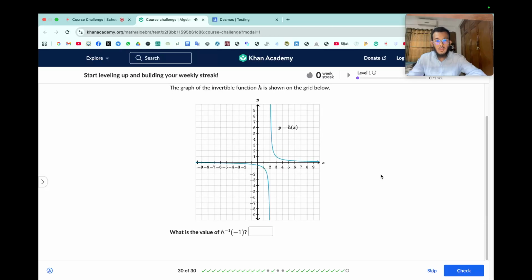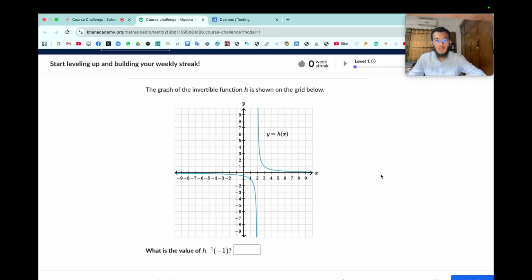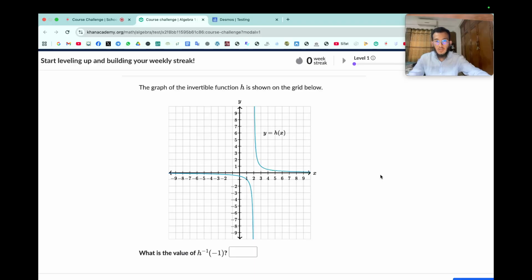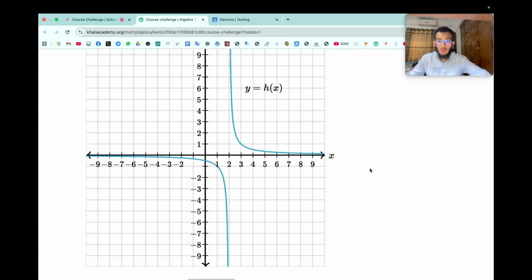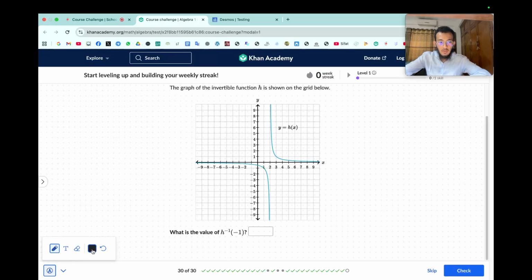Okay. Last question. The graph of the invertible function h is shown on the grid below. What is the value of h inverse at -1? Okay. So basically, the main purpose of an inverse function is to switch the x-axis with the y-axis.